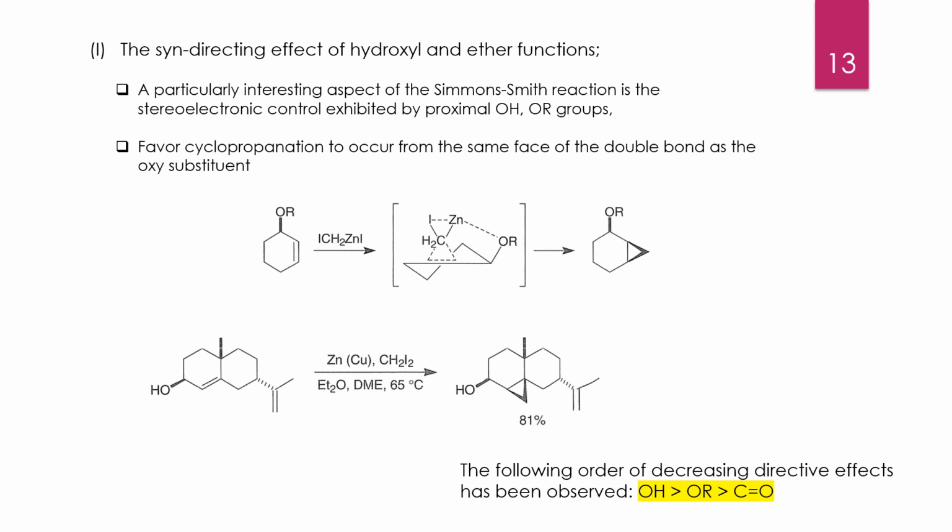Here I have shown an example where this carbene is generated in the similar Simmons-Smith way, and you see there is an OH group and an alkyl group. So it will give a steric effect, and it will give a coordination effect. So why will this cyclopropane ring form? And here is also a methyl group.